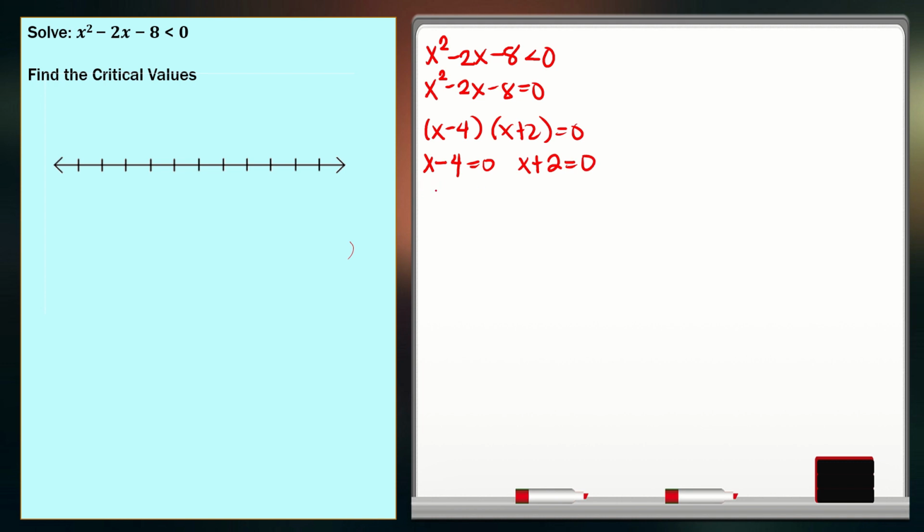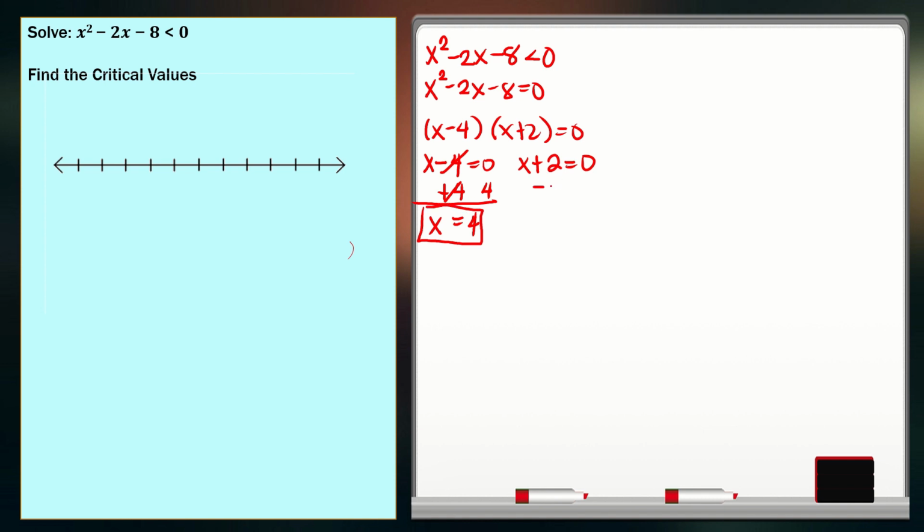Then we simplify these equations. First, we have x minus 4 is equal to 0. We apply the addition property, so we add both sides of the equation by positive 4. So we have x, this is a 0 pair, is equal to 4. Then in our equation number 2, we have x plus 2 is equal to 0.